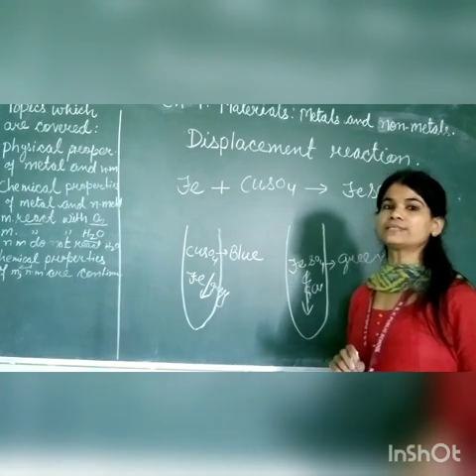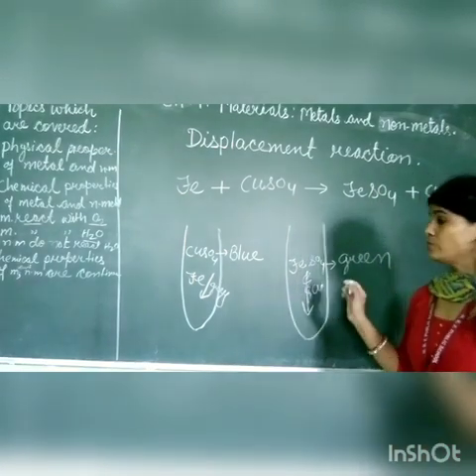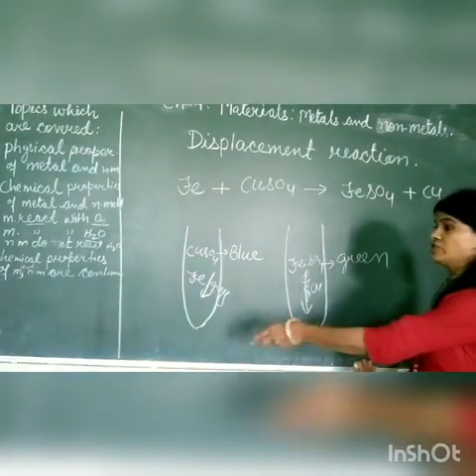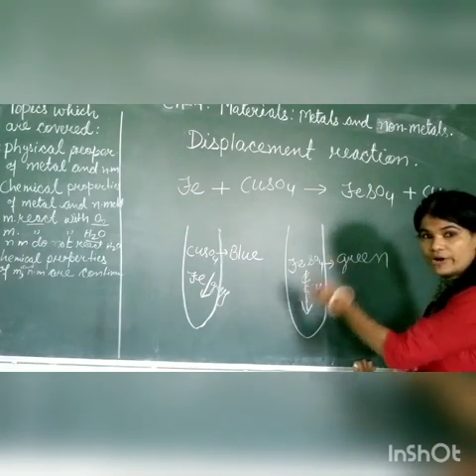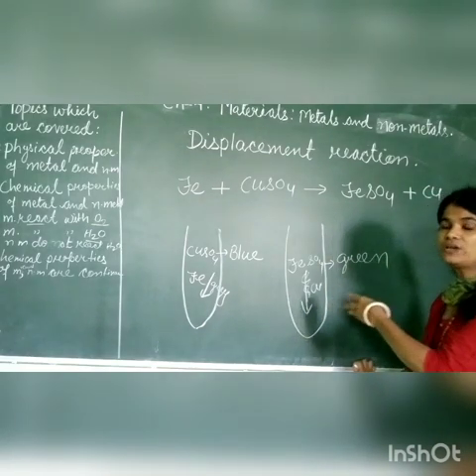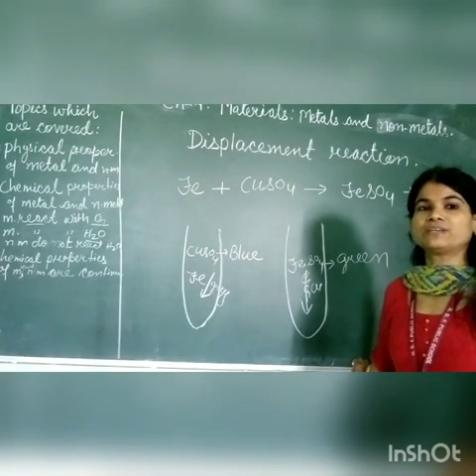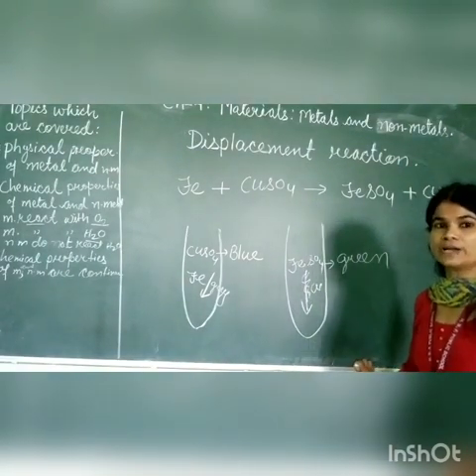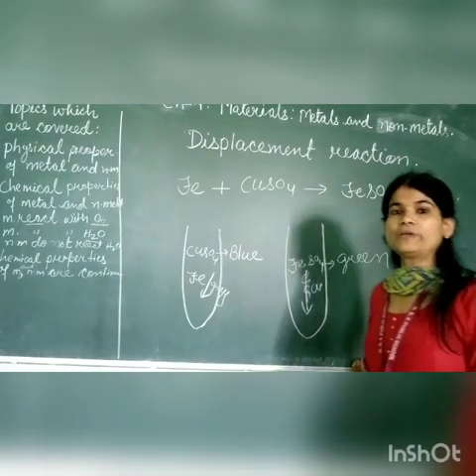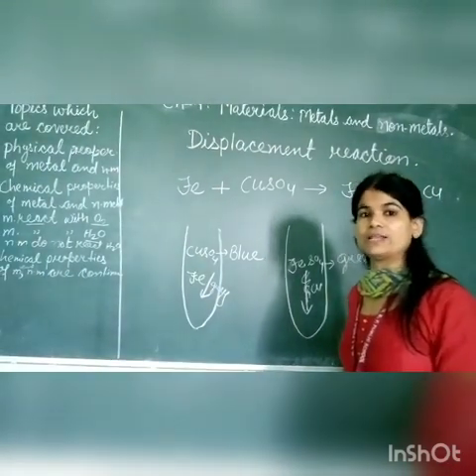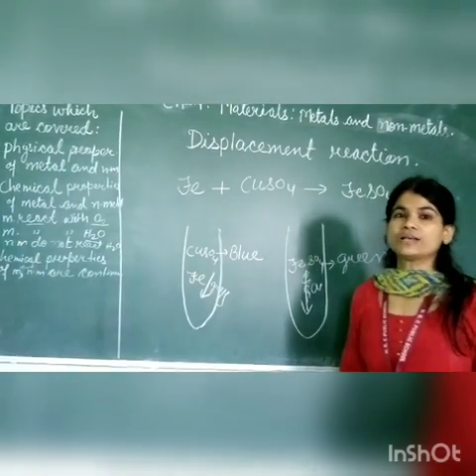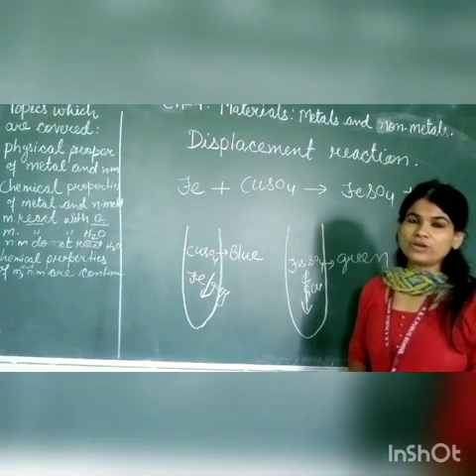Because copper is less reactive than iron. When you reverse these changes, you will see that there are no changes. So this displacement reaction occurs when a highly reactive element takes the place of a less reactive element. Okay class, you all understood? Okay.